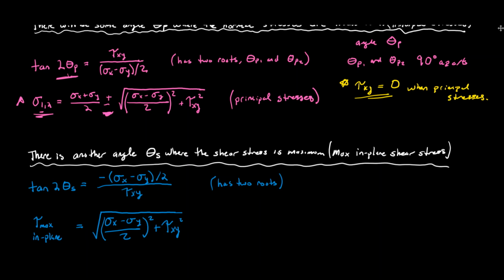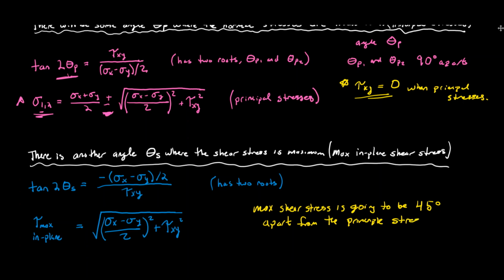One more important thing to note is that the maximum shear stress is going to be 45 degrees apart from the principal stresses. So wherever we have our theta p1, our theta s is going to be 45 degrees apart from that.